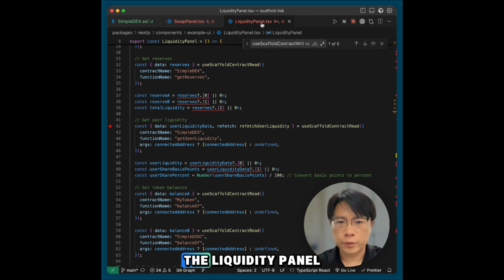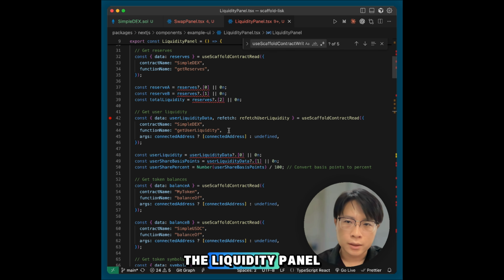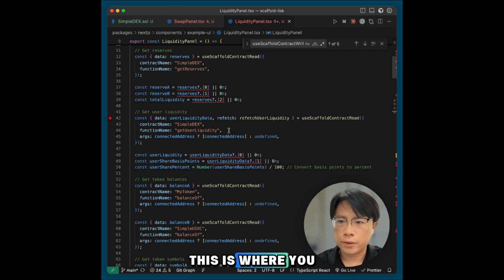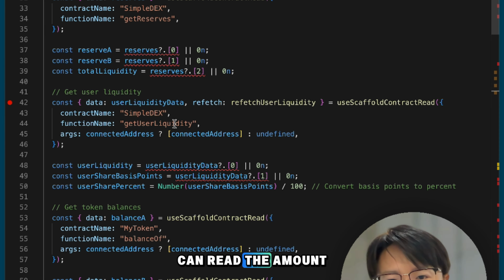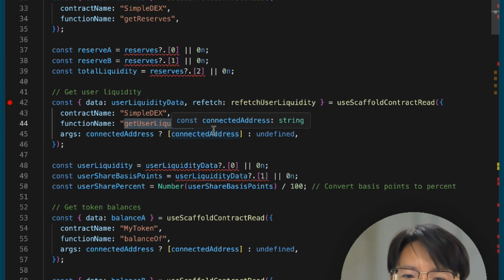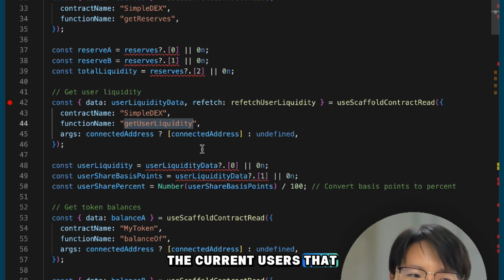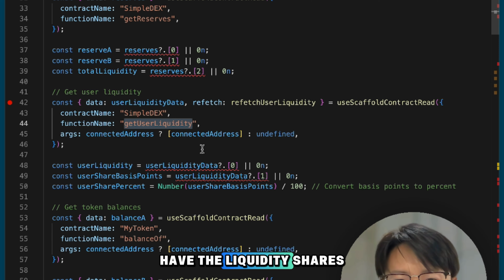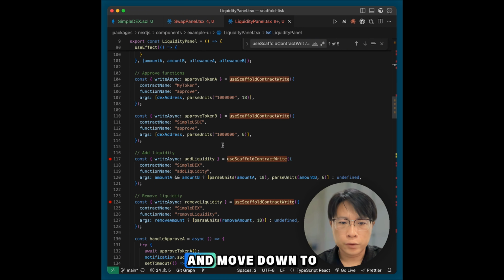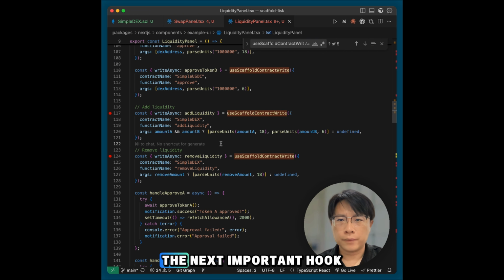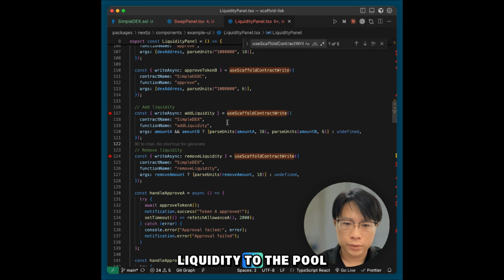And moving on to the liquidity panel, this is where you can read the amount of liquidity shares the current user has, and move down to the next important hook, which is adding liquidity to the pool.